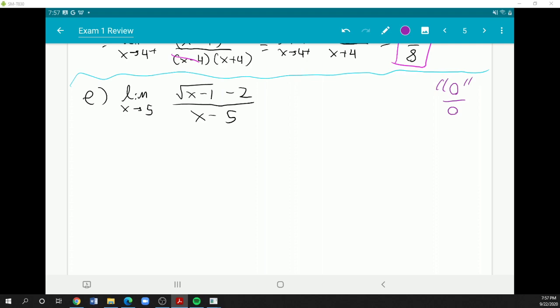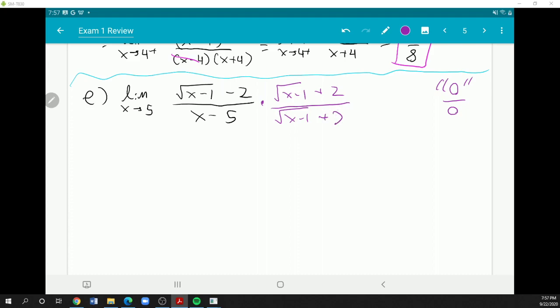That gives us that we actually do need to do some work. And now I'm going to go ahead and multiply by the conjugate. So let's go ahead and do that. So times root x minus 1 plus 2 over root x minus 1 plus 2.